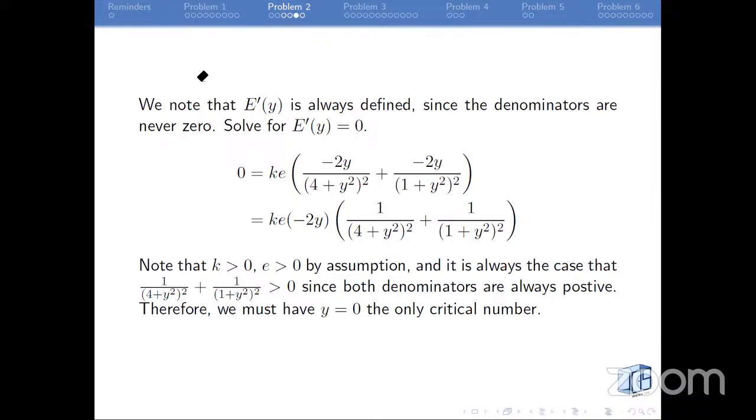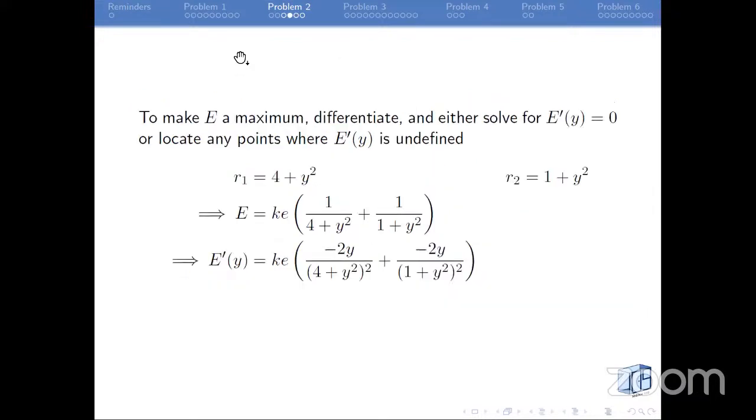Dito, hindi pala ito yung original equation. So at 1, magiging ano to, 2 times 1, so magiging negative 2 over 5 squared. Tapos ito naman, negative 2 plus negative 2 over 1 plus 1, which is 2, squared, which is 4.